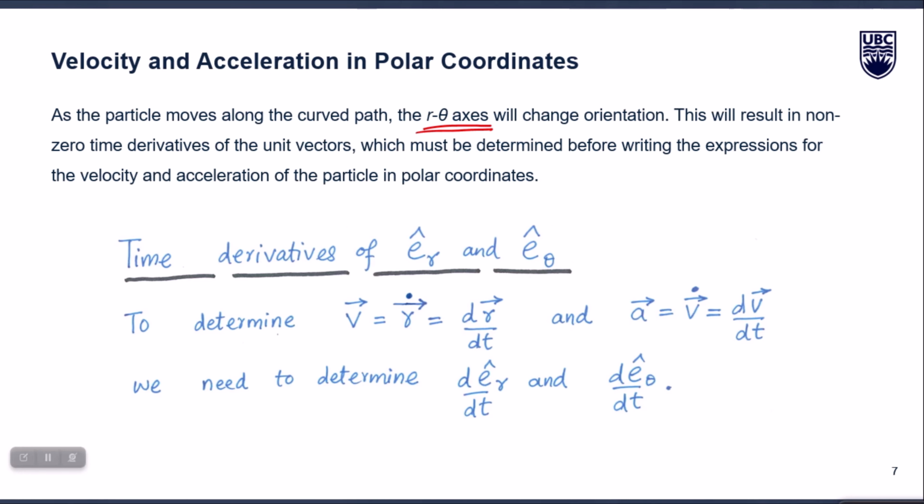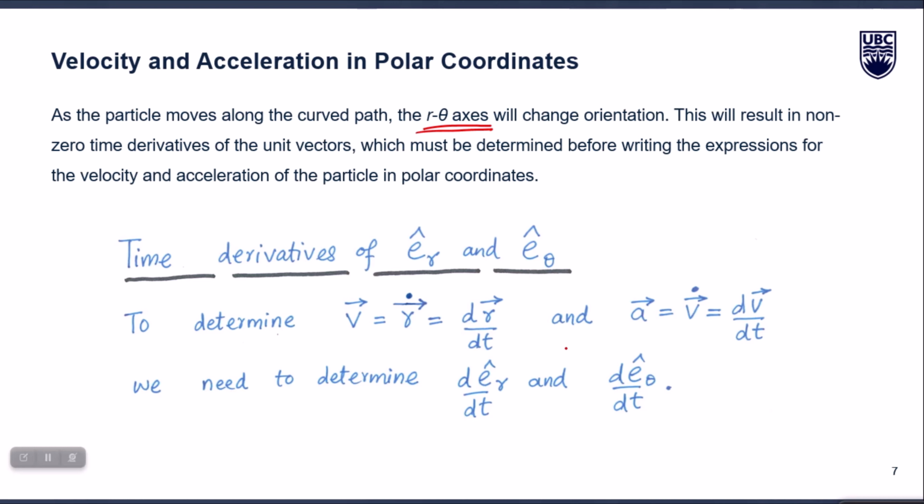Similarly, if I carry out that differentiation to determine velocity, and then differentiate it again to calculate acceleration, that will also involve the derivative of e sub theta and e sub r, the unit vectors in theta and r directions respectively.